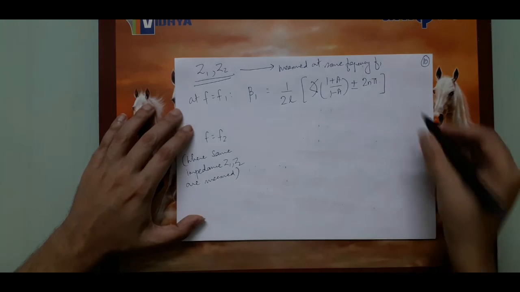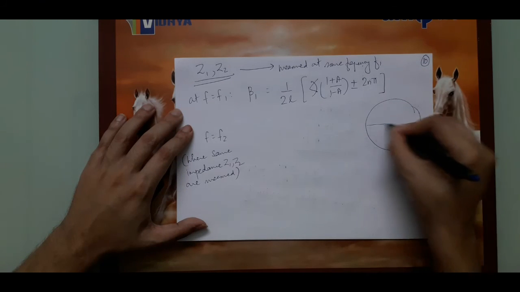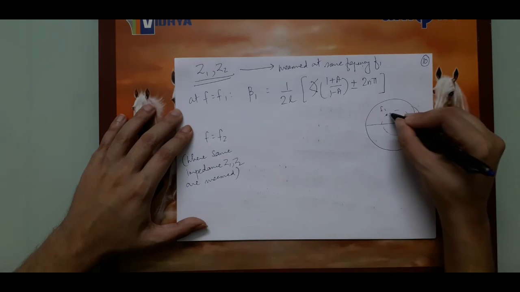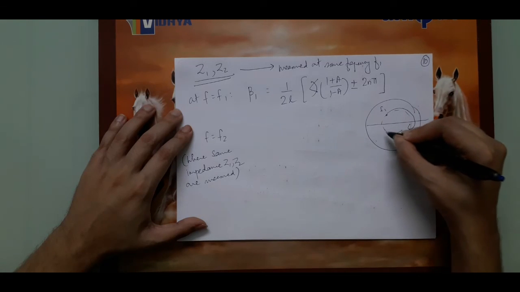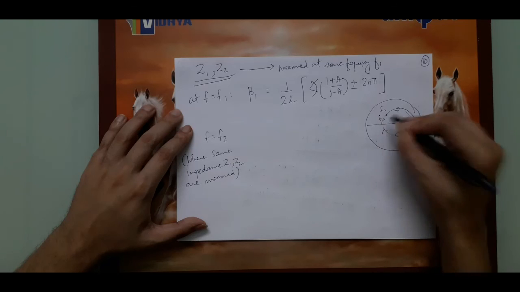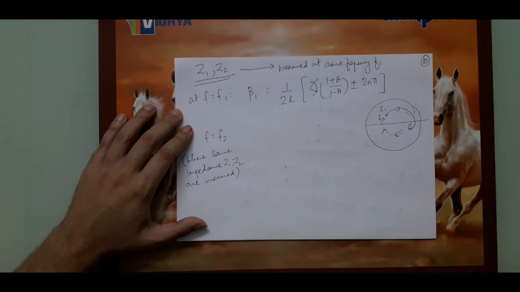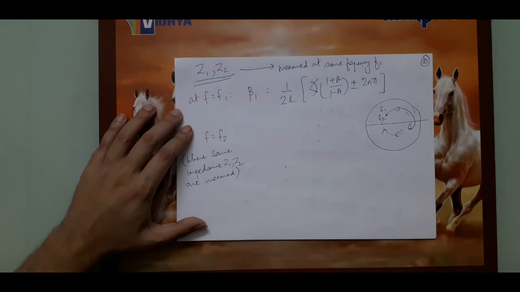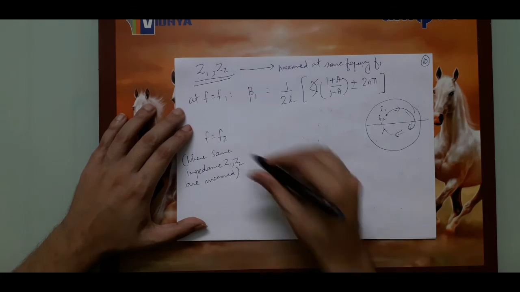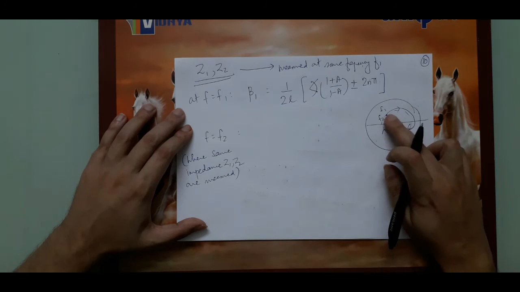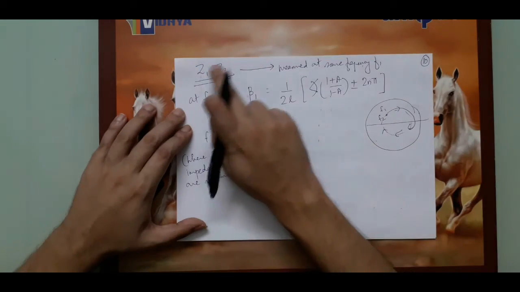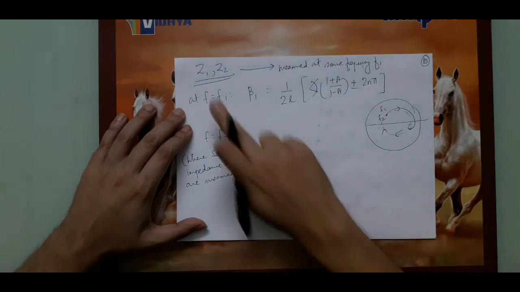That is like saying on the Smith chart, if I was here at f1, I will move and come to f2, which is again at the same point. So rather than moving on the line, I am going to change the frequency. By changing the frequency, I arrive at the same point, with the same values of Z1 and Z2 as at f1.